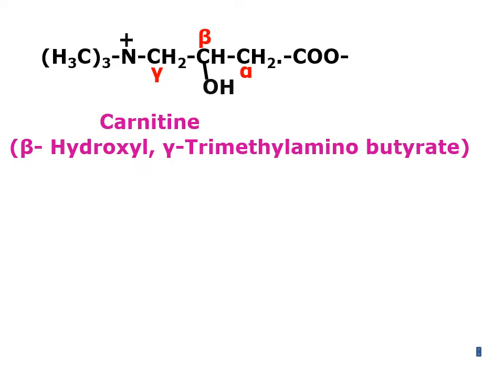So carnitine is nothing but beta hydroxy gamma trimethyl. At the gamma position, three methyl groups are there, trimethyl, and a nitrogen is there, amino butyrate. So carnitine is nothing but beta hydroxy gamma trimethyl amino butyrate. Okay.